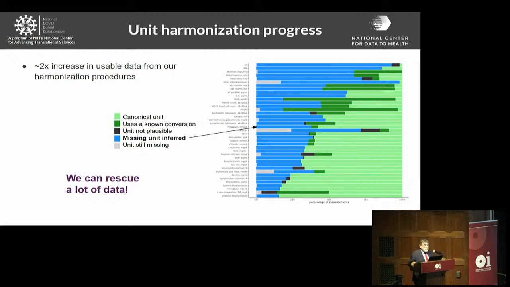There's a lot of variables here, some of them having significant clinical significance, that were reported without units of measure. And what is in blue is the proportion, the percentage of data that we were able to rescue by inferring a unit of measure. I mean, look at pH.